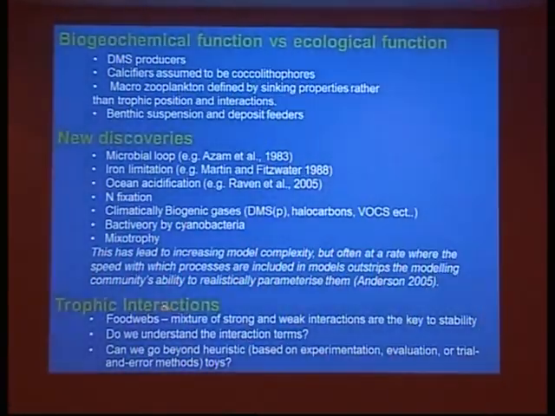These all increase model complexity, and we try to include them to increase the models' predictive capacity, because predictive capacity increases if your model can respond to different environmental conditions in the future, right? But often we don't know enough about all these processes to include them in the models.